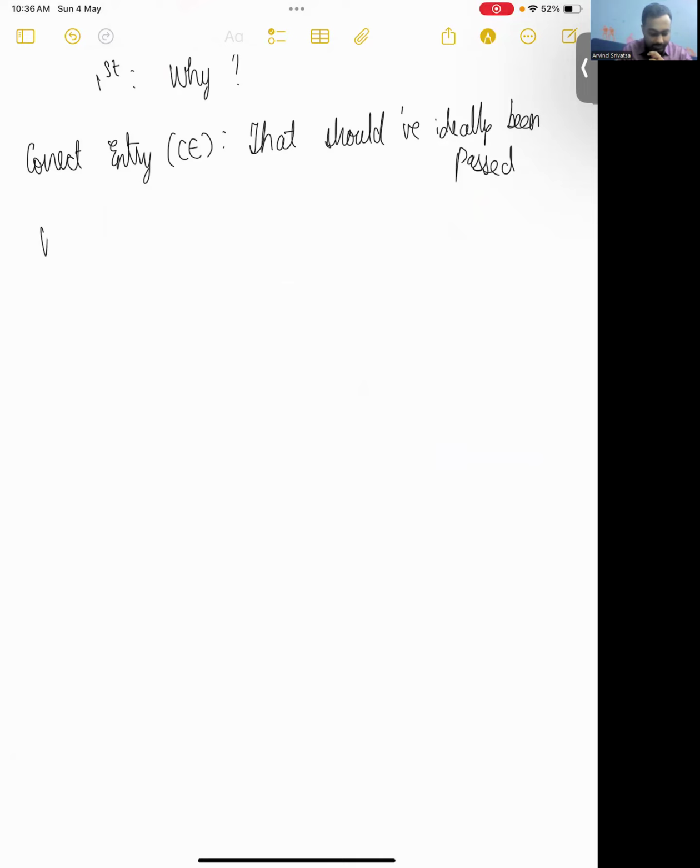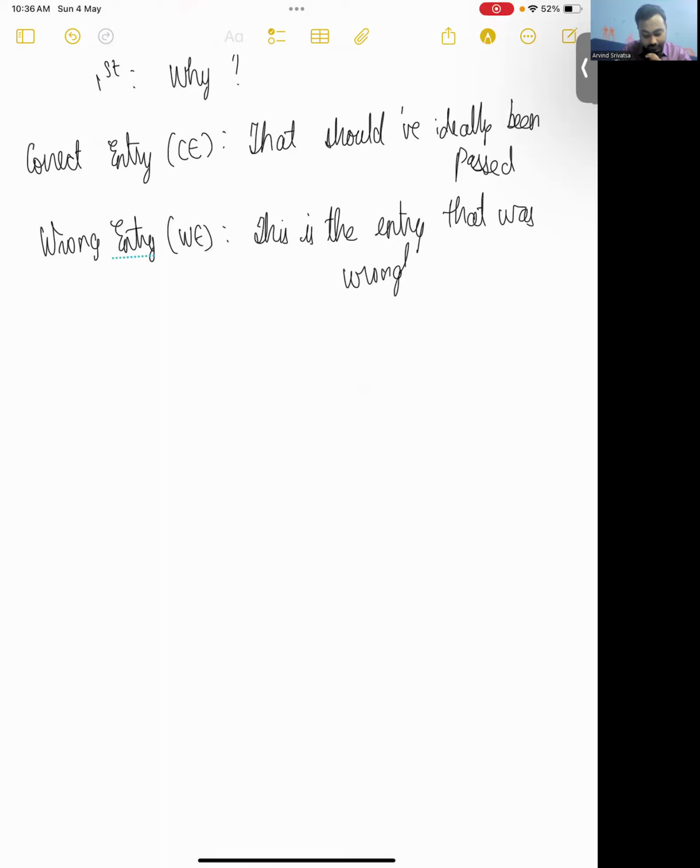Next, the wrong entry. I'll use WE for this. This is the entry that was wrongly passed. I think you should have understood this. Then RE, the rectification entry.